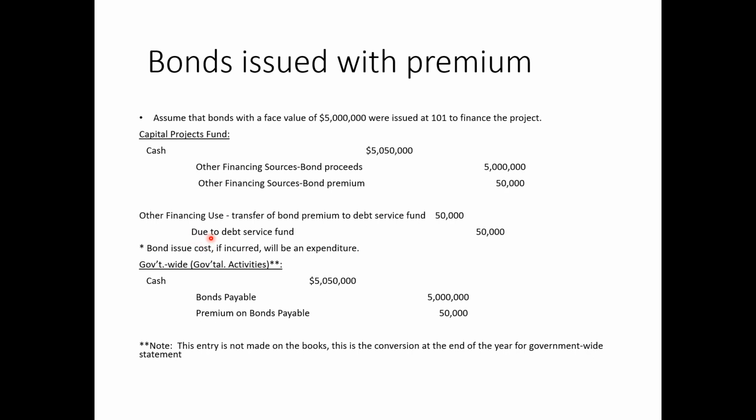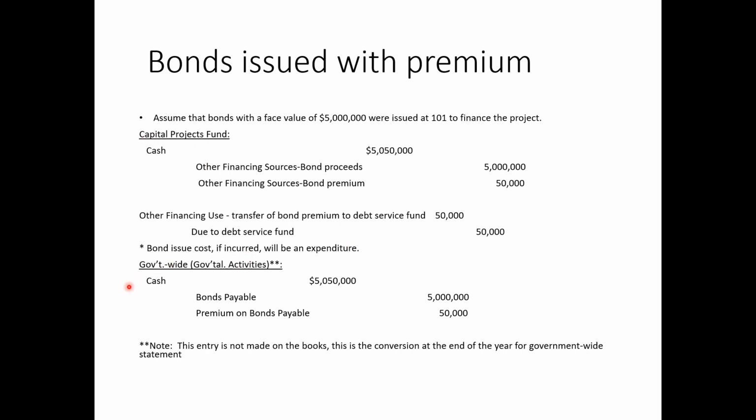And a credit due to debt service fund. So this is a current liability. And if we have any bond issue cost incurred, it will be recorded as an expenditure. This is the general entry for the capital project fund.